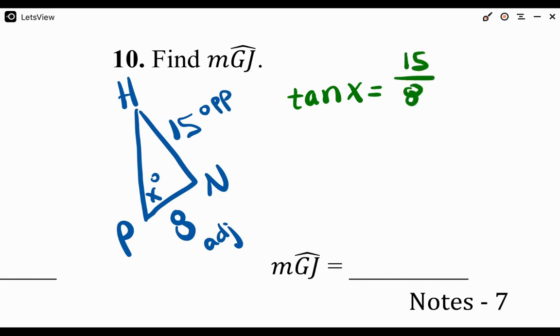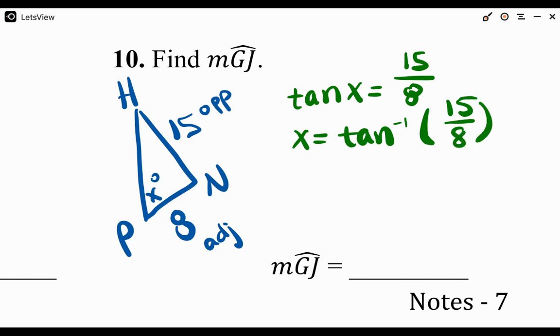And then to get that angle measure, we have to use inverse. So the inverse tangent of 15/8 is going to get us that angle measure. So if I put that in my calculator, inverse tangent of 15 divided by 8, we get X is 61.9 degrees.